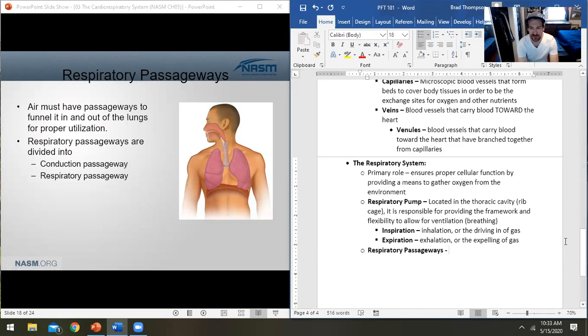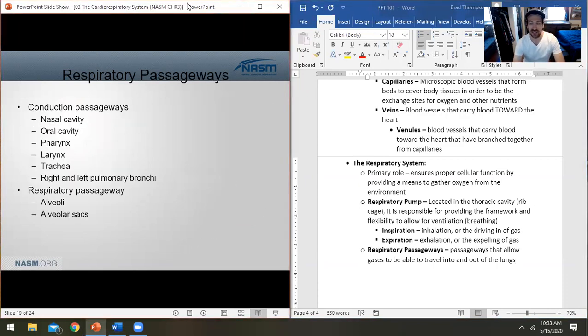So these are passageways that allow oxygen, well, we'll say gases, to travel into and out of the lungs. Okay, so when we're looking at that, you've got conduction passageways. That's going to be your nose, your nasal cavity and your oral cavity, right? You can breathe in through your nose and through your mouth.